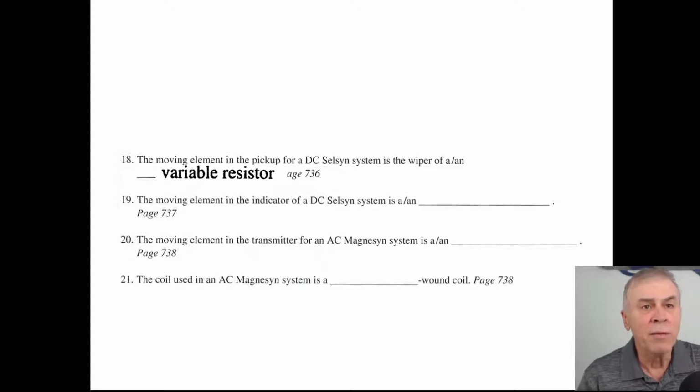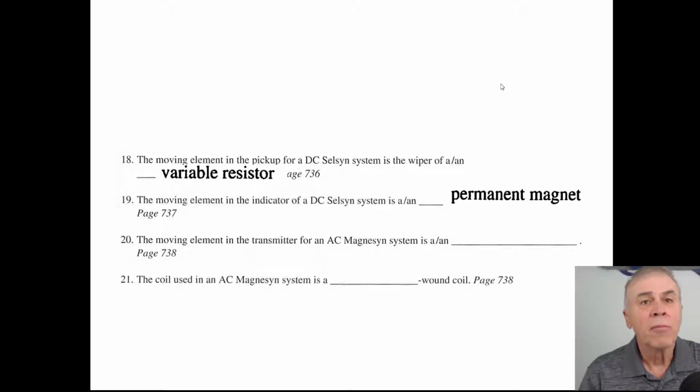19. The moving element in the indicator for a DC Selsyn system is the permanent magnet. The moving element in the transmitter of the AC Magnesyn system is also a permanent magnet?